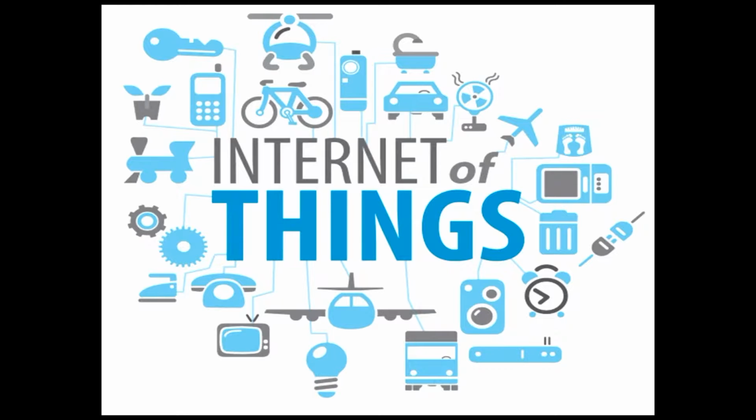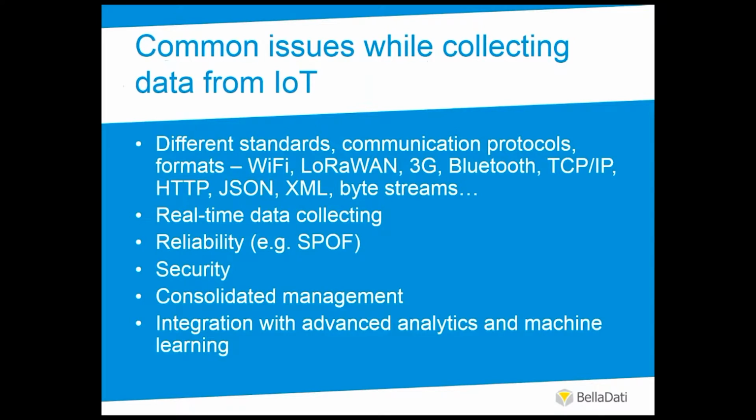But of course, the fact that we have many sensors around is not all, because we need to get the data from various types of sensors. We need to combine them, and we need to do various analytics and various mathematical modeling of this. So what are the common issues when collecting data from the IoT?